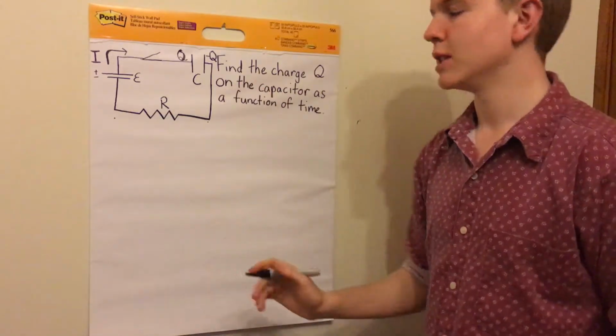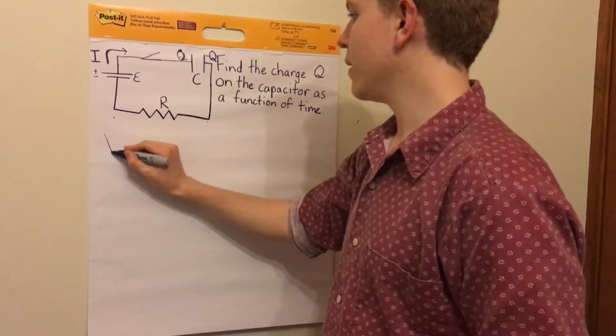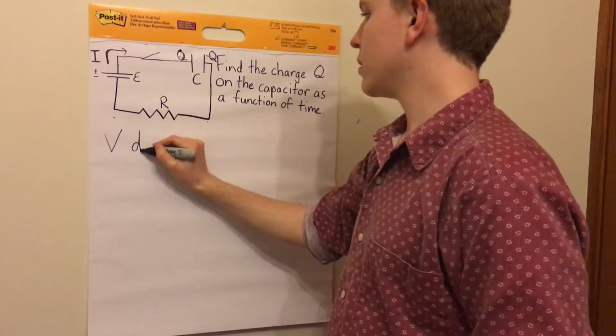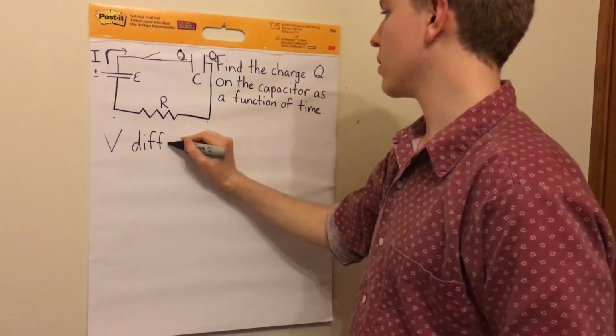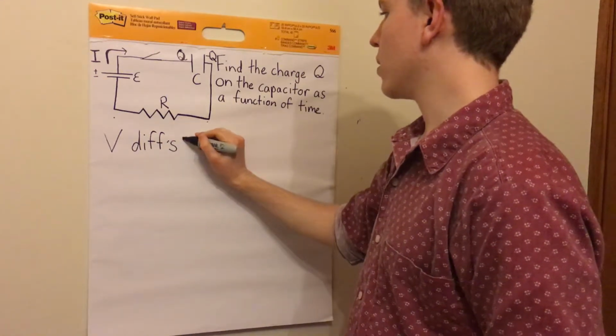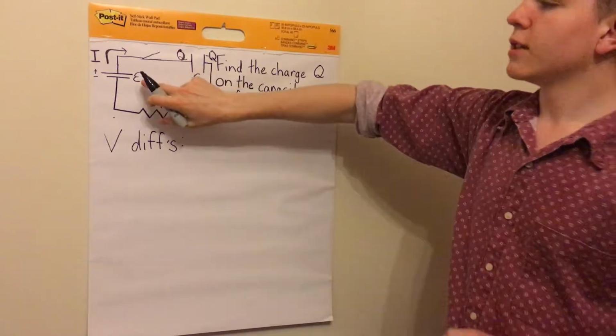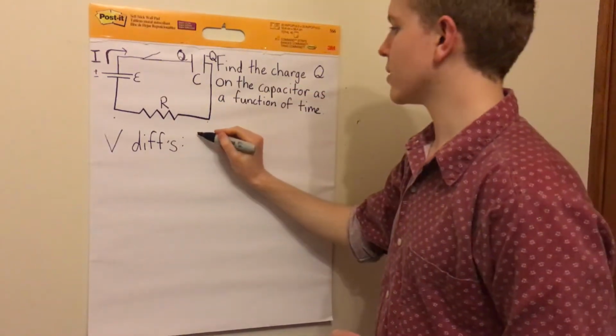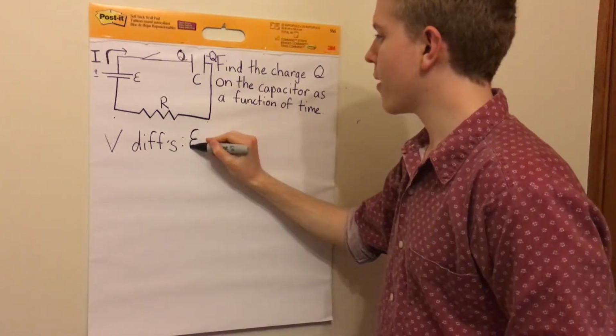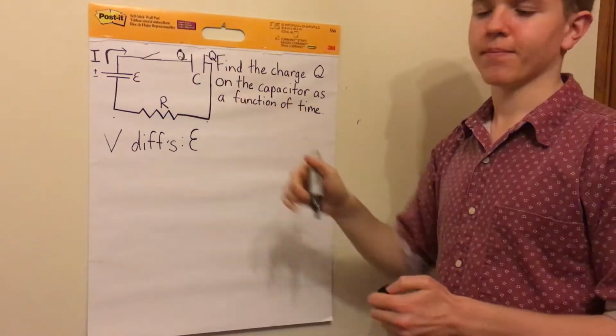So let's write down the voltage differences. The voltage difference across the battery is given to us. It's just E. So that's nice and easy. What about for the capacitor?